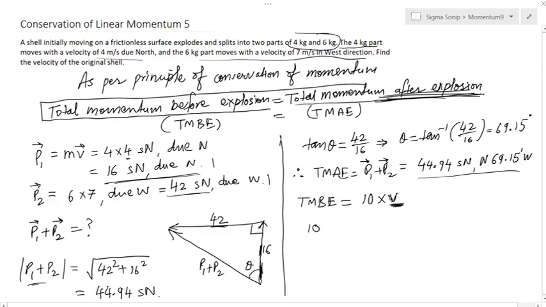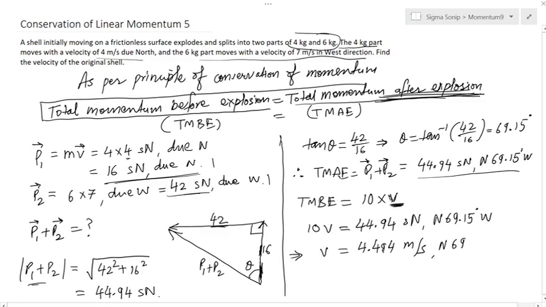So 10 v is equal to 44.94 kg m/s due north 69.15 degrees west, and dividing by 10 on both sides, I will get 4.49 meter per second, and the direction is north 69.15 degrees west, and this is the velocity that I was looking for.